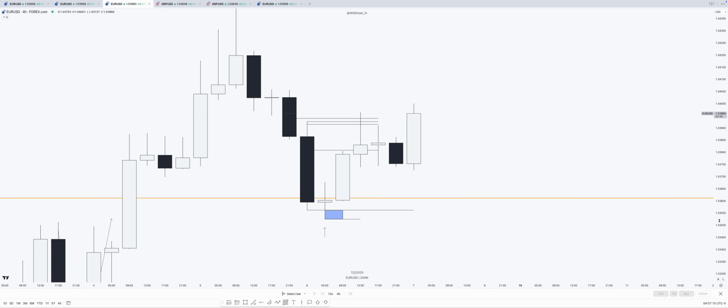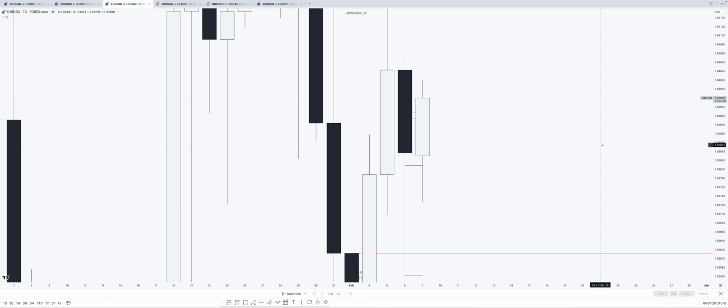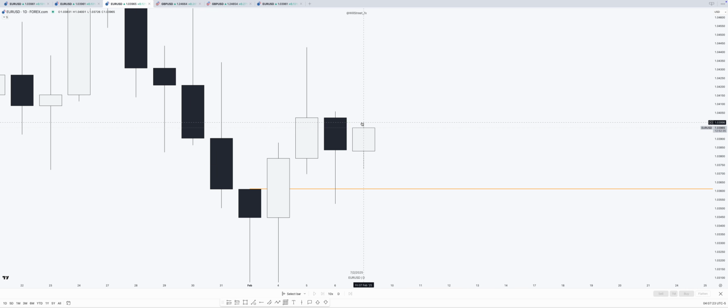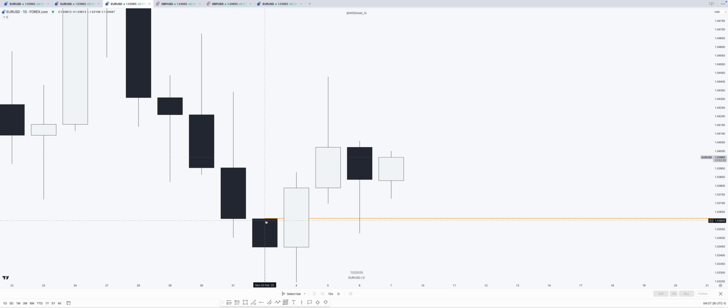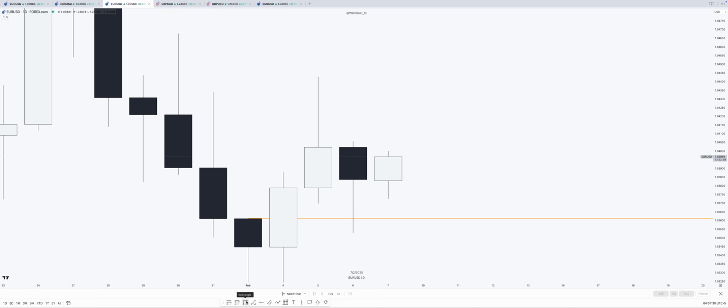Where was the high time frame draw being created here? Well, first of all, what is the power of 3 of the daily candle? Let me remove everything. Remember, this is the power of 3 of the weekly candle. So on the daily chart, we have created the high time frame draw, yes.